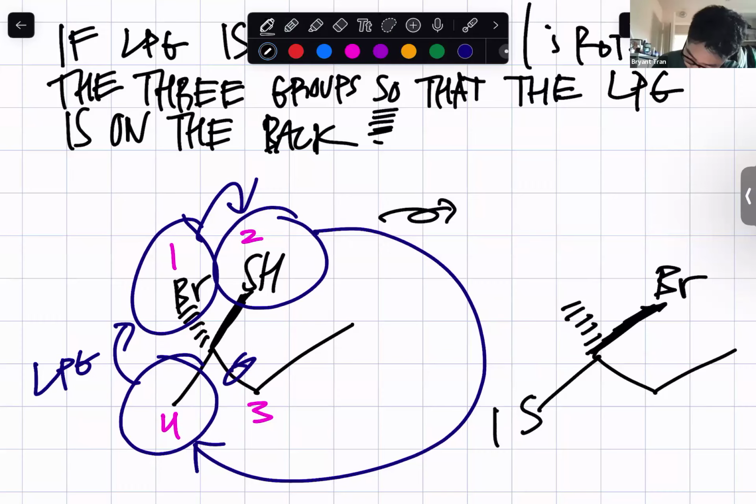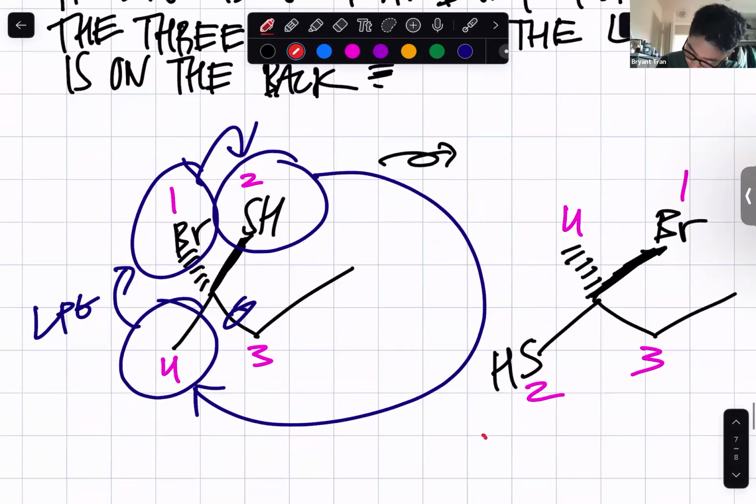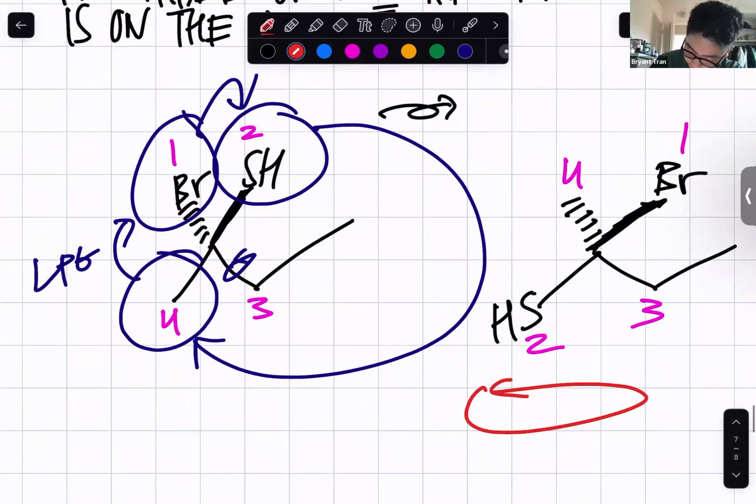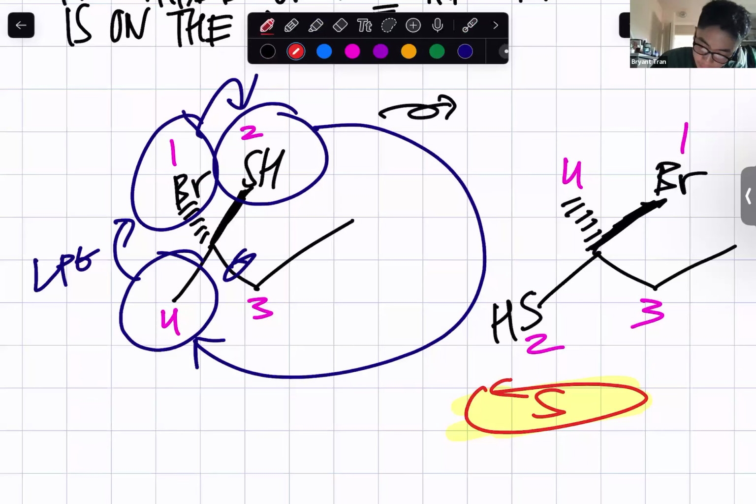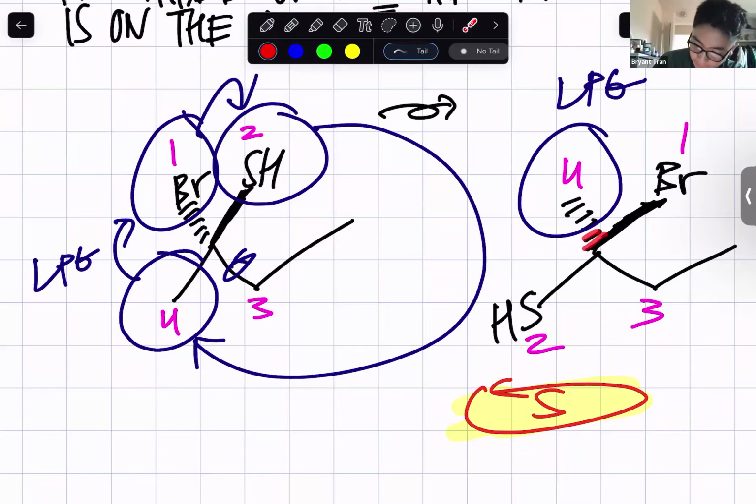We're just rotating that bond right there, where we know that this is priority group number 1, this is priority group number 2, this is priority group number 3, this is priority group number 4. So when we do rotation here, that is going counterclockwise, which is an S, and we stay as an S. We do not invert it because we see that the lowest priority group here, LPG, is on the back, the dash. So that's good.